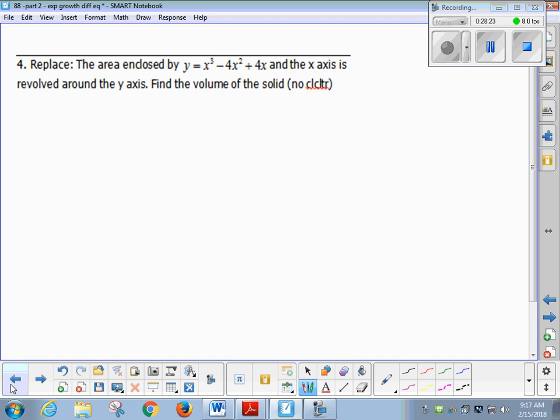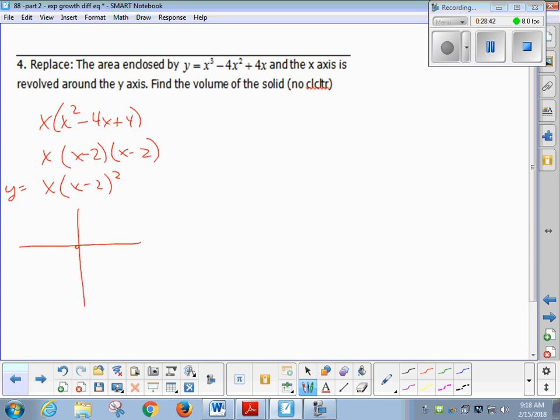This one, the shells one. I hope that you are able to factor out a greatest common factor and then factor to see what the graph looked like. This is a cubic that bumps 2. So the graph should look like that.